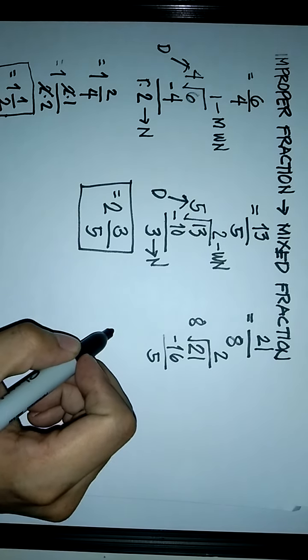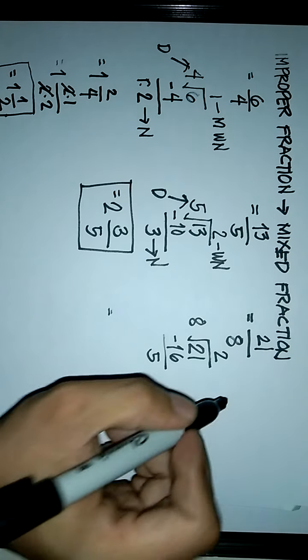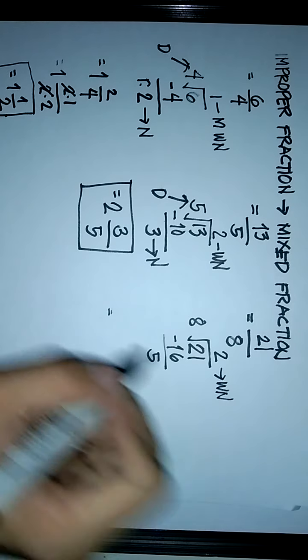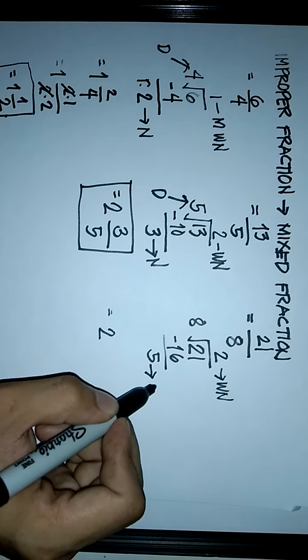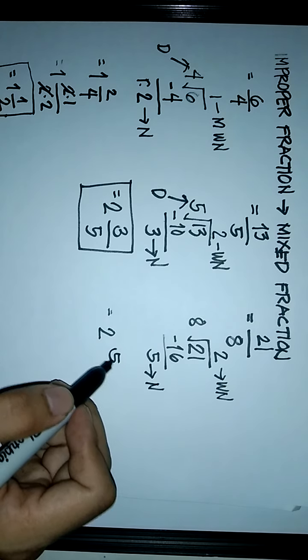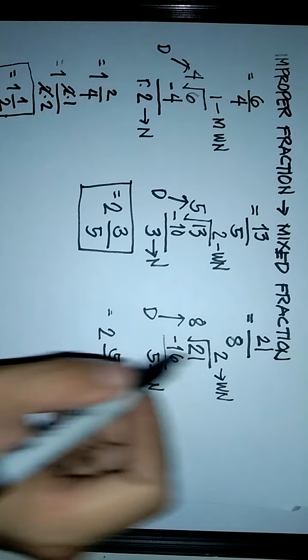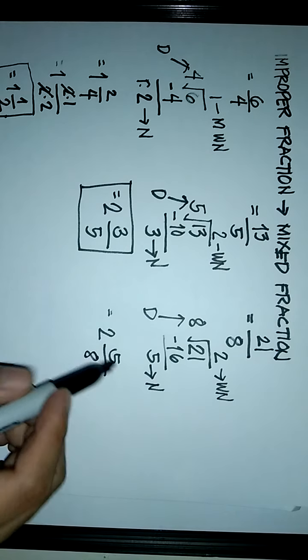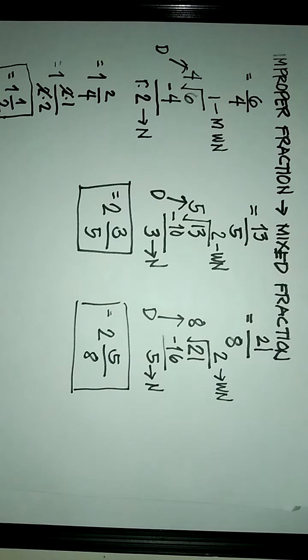And then we can transform this, yung ating nakuha sa long method of division natin, into our mixed fraction. So we will have, yung whole number natin is yung sagot, which is 2. And then yung ating numerator is yung remainder, which is 5. And then yung ating denominator is yung denominator dun sa given, which is 8. So, 21 over 8 is equal to 2 and 5/8. So, that is how you convert improper fraction to mixed fraction.